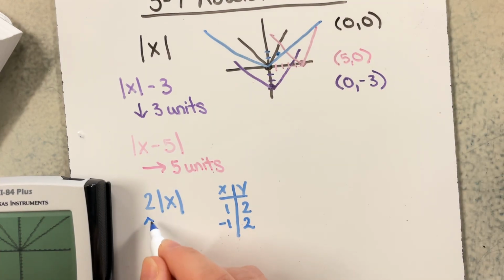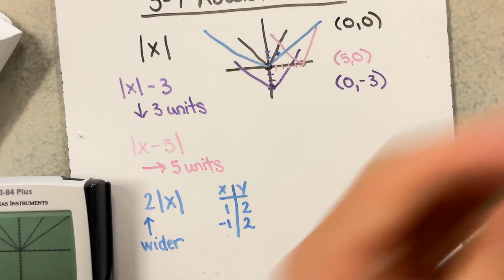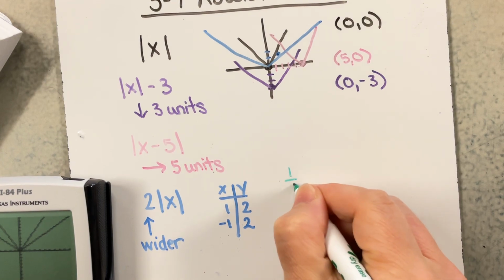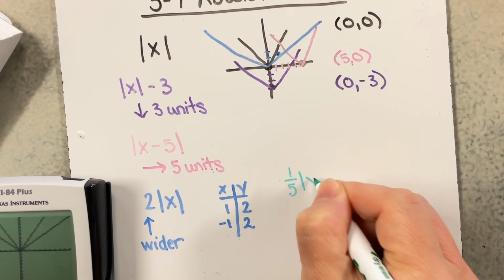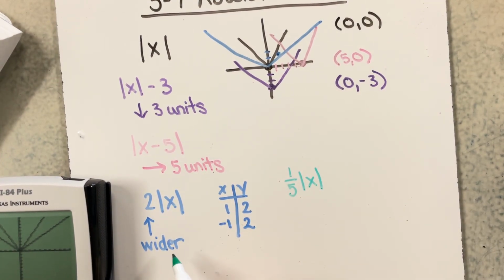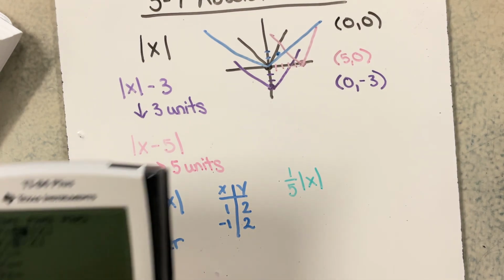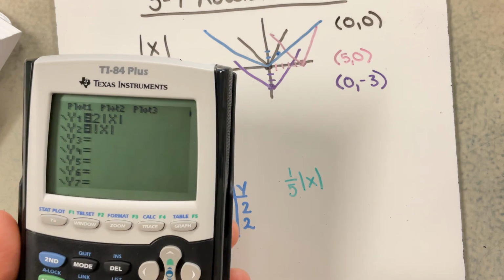So the 2 here made it wider. Which means if we were to do, let's try a different number, 1/5 of x. If this one made it wider, what do you think this would do? Okay, let's see. So we're going to come down here.